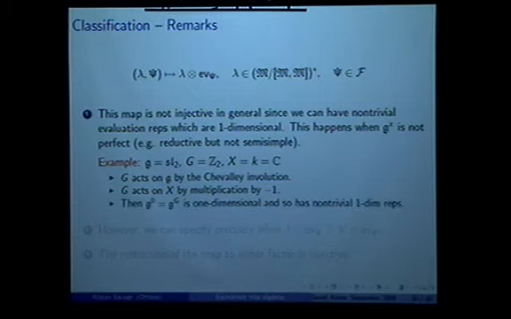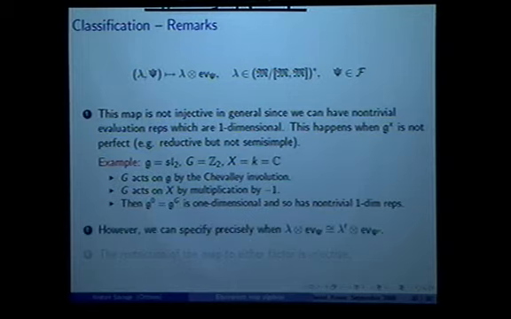If you look at the fixed point Lie algebra associated to 0, that's just the fixed point algebra of G. And this is one-dimensional because the subalgebra fixed by the Chevalley involution is one-dimensional. One-dimensional algebras have lots of non-trivial one-dimensional representations. So we can have evaluation representations associated to the point 0 that are non-trivial and one-dimensional. That makes this map not injective, because we could also think of that as coming from some lambda.